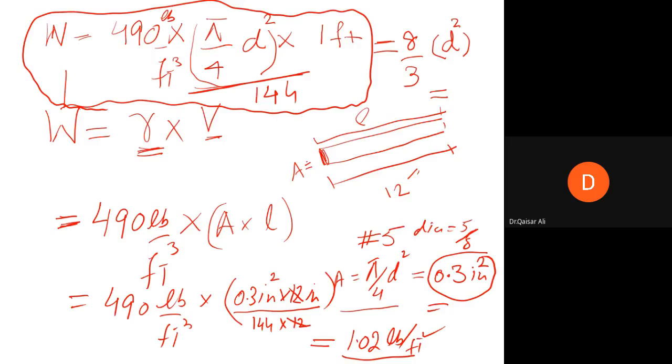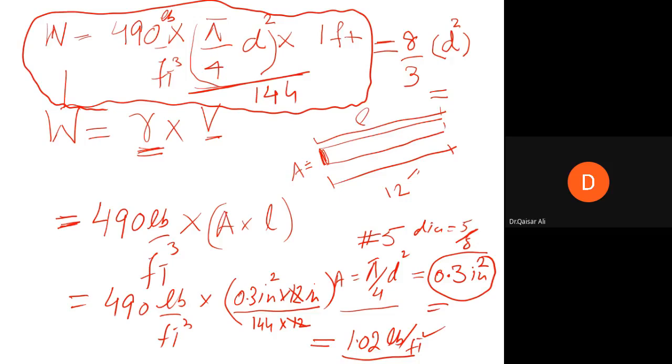D is equal to how much? 5 by 8, 0.625. 0.625 squared multiplied by 8 divided by 3 gives 1.04 pound per foot. So it is the same.